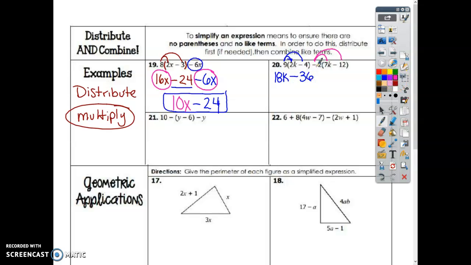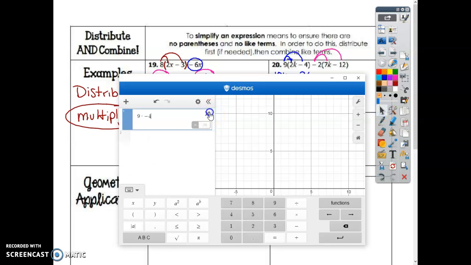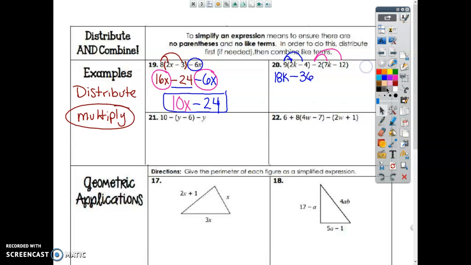Then the next one, negative 2 times 7K. Negative 2 times 7 is negative 14K. And then negative 2 times negative 12.